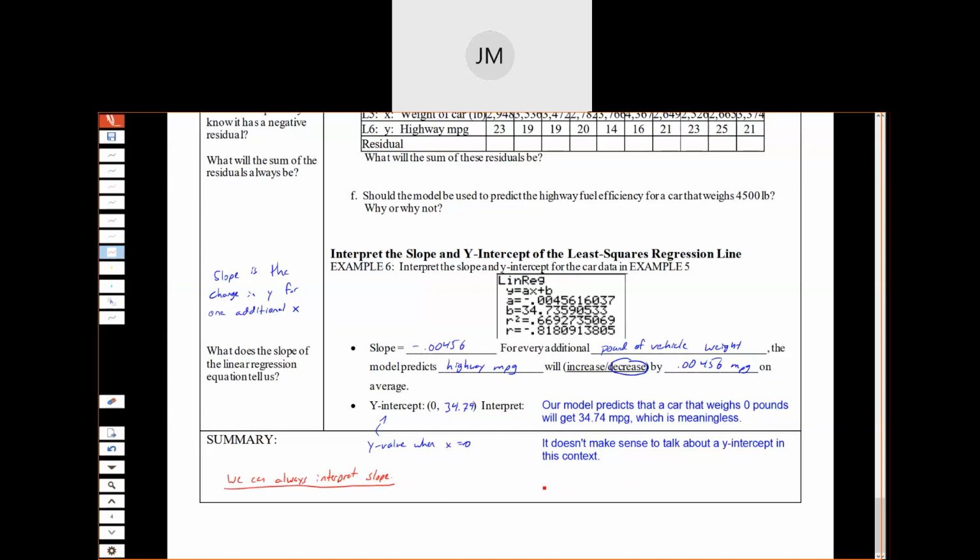We only interpret the y-intercept if it's in our restricted domain. Okay. All right, I think that will do it.